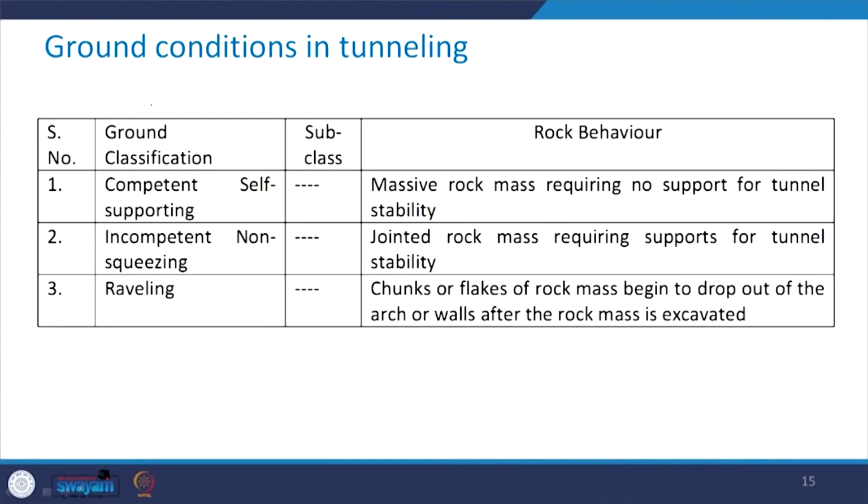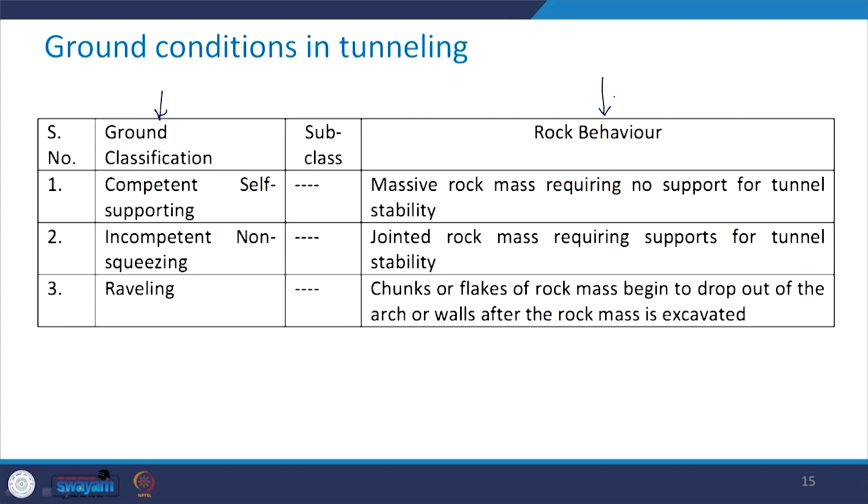Here the second column gives you the idea about the ground classification, and the last column talks about the rock behavior. So, when we say that the ground is competent self supporting, what does that mean?